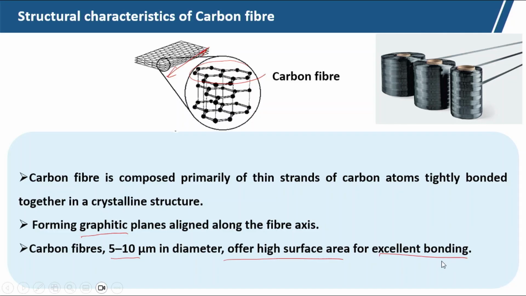So, you can get the carbon fiber with a very low diameter, 5 to 10 micron, and as the diameter is less, we can get higher surface area, and with higher surface area the bonding with some matrices is better. So, if we use it as a reinforcing material, it will have a high surface for excellent bonding.